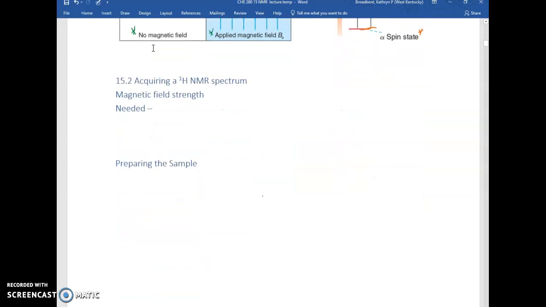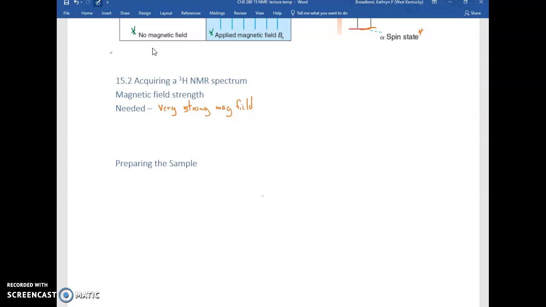So, acquiring a spectrum. First, you need a very strong magnetic field. They usually do these super cold for that reason, to establish the required energy gap between the spin states.